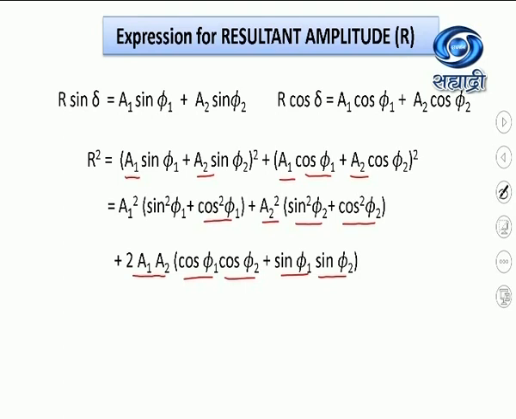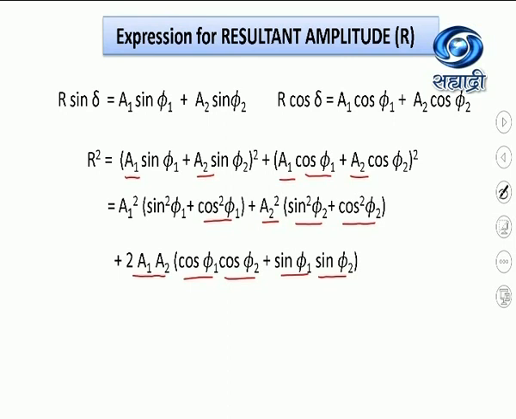Like this, simplifying the RHS, we have A1 square in bracket 1, because sin square theta plus cos square theta is 1. On similar lines, A2 square in bracket 1, because again sin square theta plus cos square theta is 1.